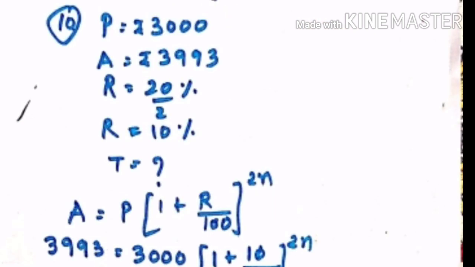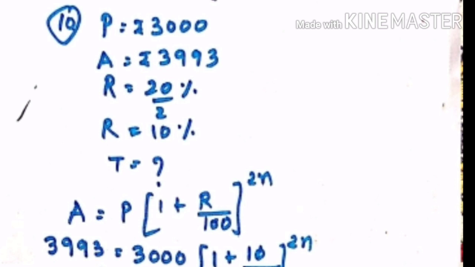In how many years will a sum of rupees 3000 at 20% per annum compounded semi-annually become rupees 3993? Means principal is rupees 3000, amount is rupees 3993, and rate is 20% per annum, but it is written semi-annually.